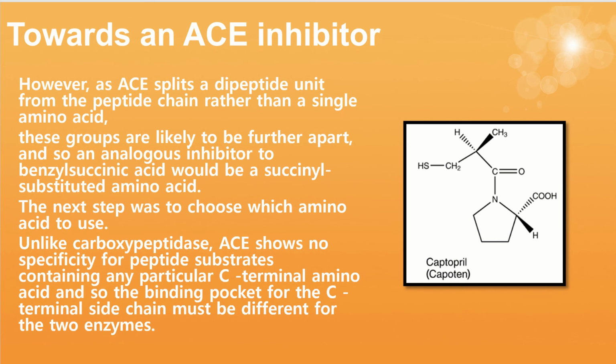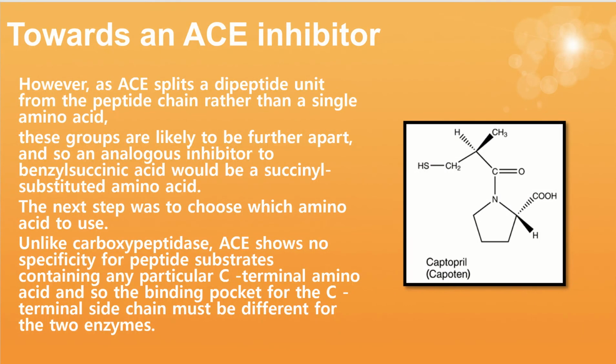So the next step was to choose which amino acid to use. Unlike carboxypeptidase, ACE shows no specificity for peptide substrates containing any particular C-terminal amino acid, and so the binding pocket for the C-terminal side chain must be different for the two enzymes.